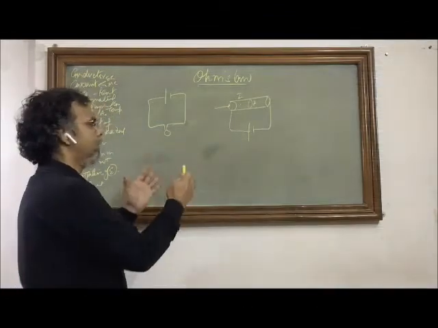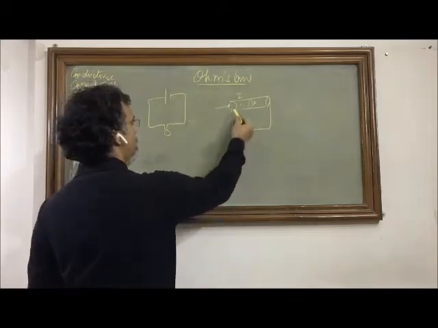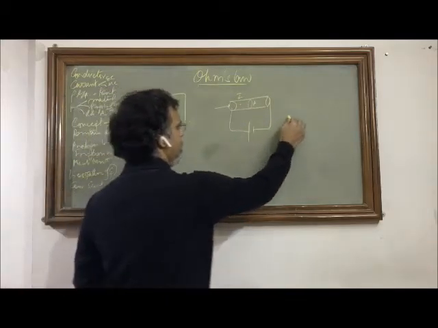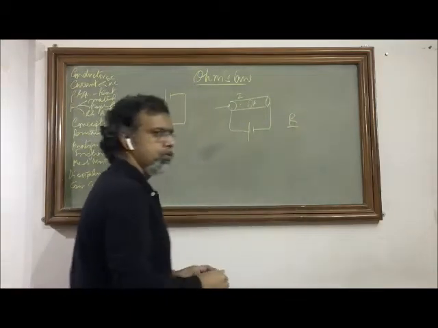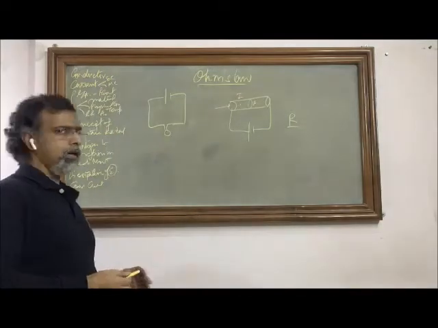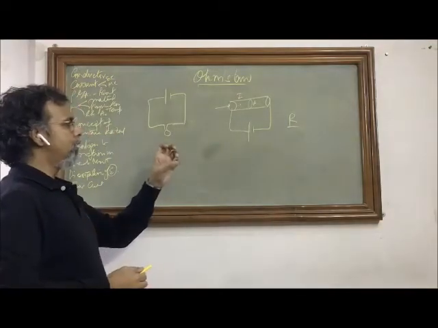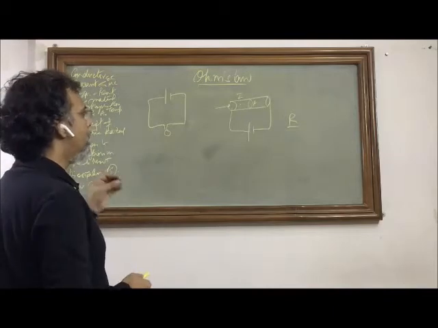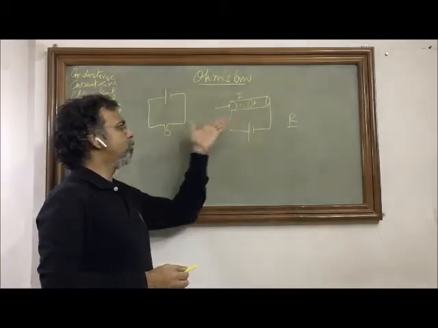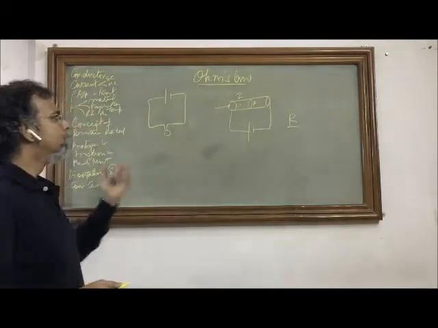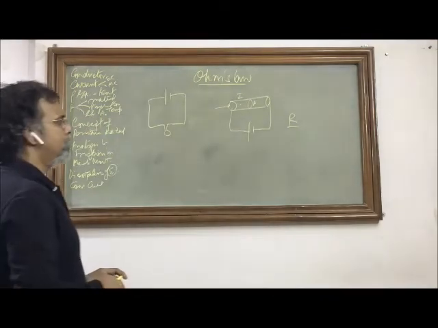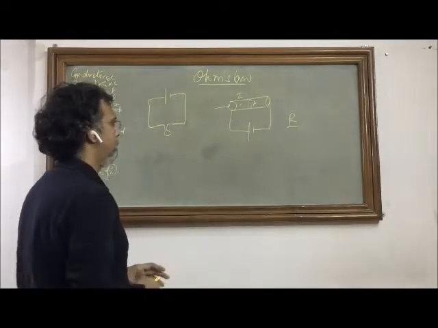In general, if we are given a circuit with a conductor, resistance is a constant factor for this conductor, and this is the value by which the current passing through it will be impeded or resisted.